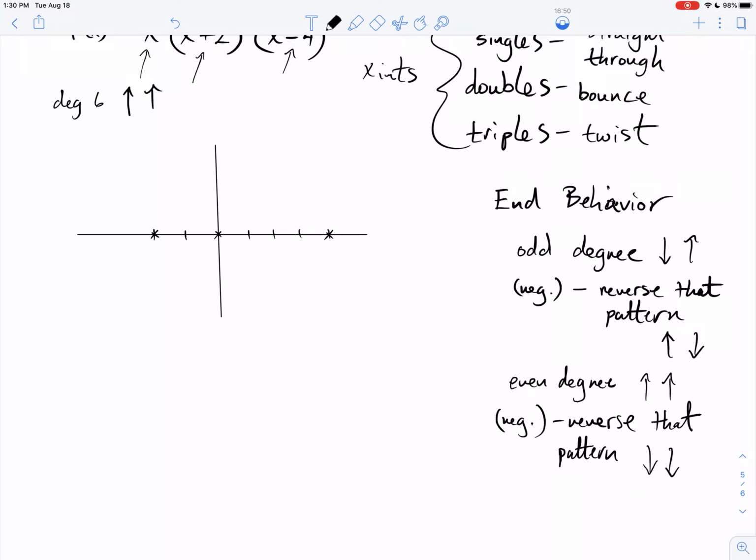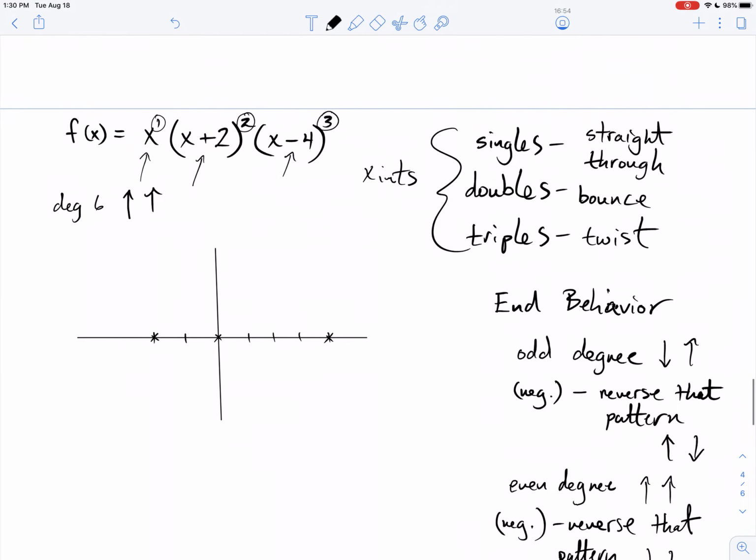So let's talk about that with our next couple examples. Here we go. We have to draw a 6th degree polynomial for this example. It's going to go up over here and up over here. But I gave myself a little room because I see something I have to do. At my number 4 location, where x equals 4, it's going to twist.